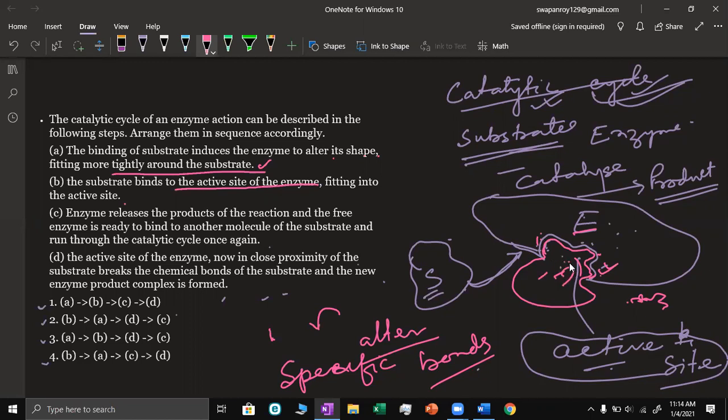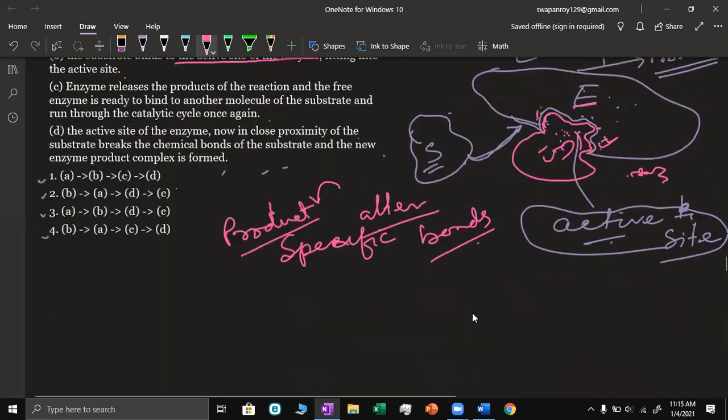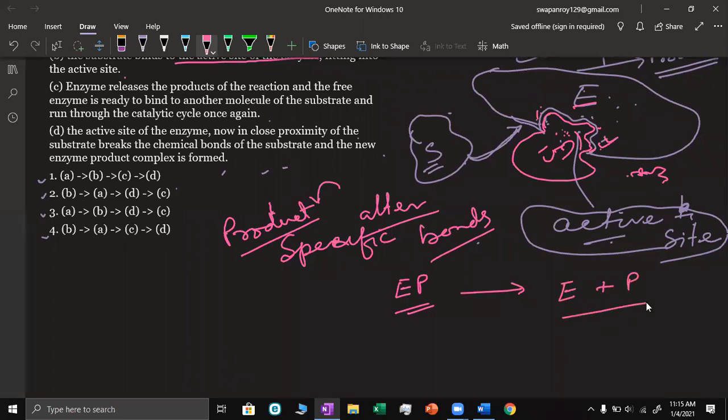All those things take place. So the substrate changes into a product. Now it is the enzyme product complex, and after that the enzyme and the product are separated.